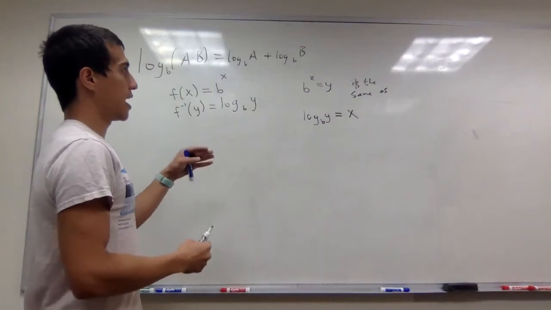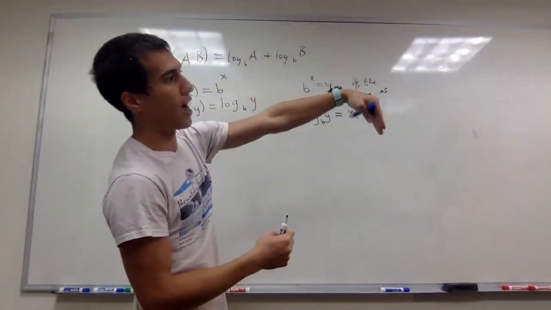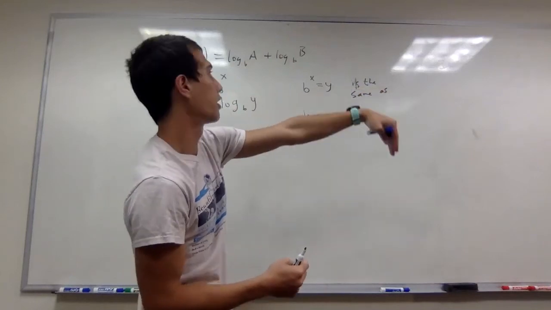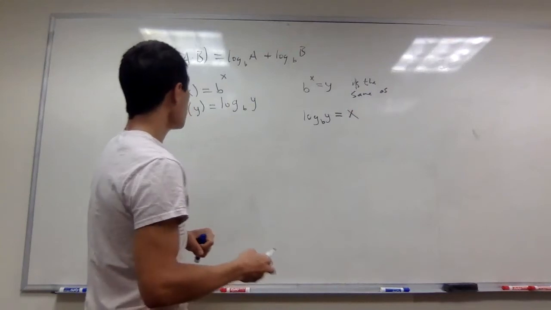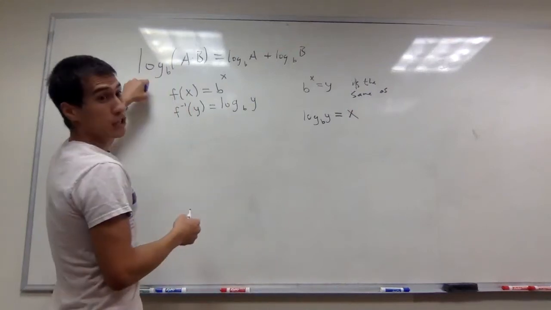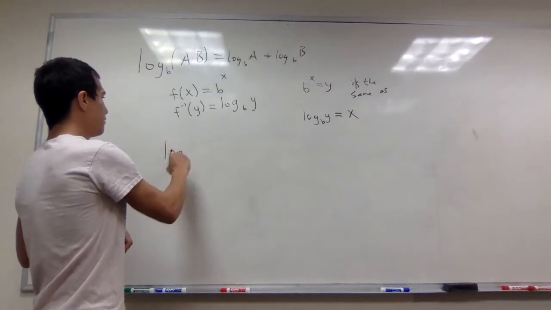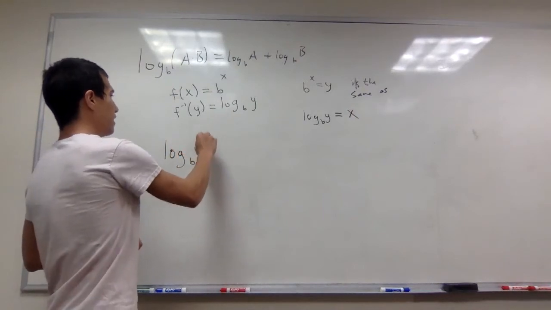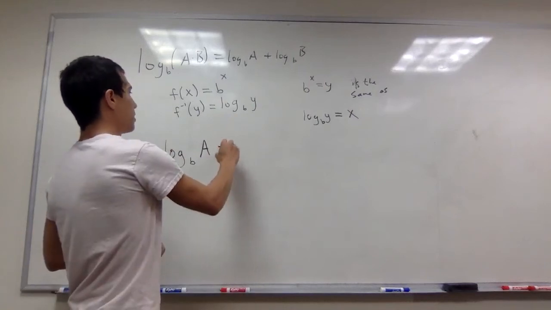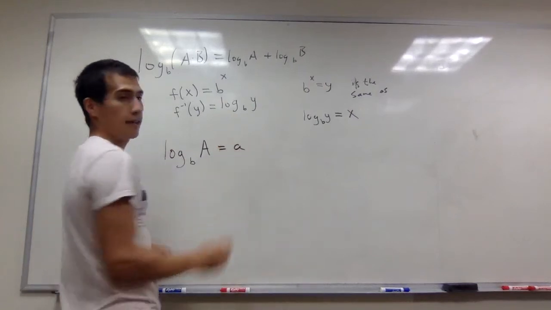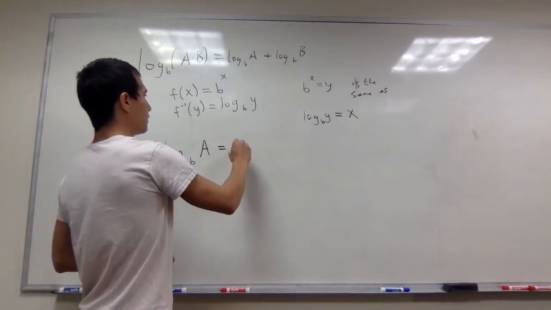So this is saying that if I take my b to the x machine and plug in x, I'll get y. If I take the opposite process, I plug in y, I'll get x back. And so now we can try to derive this property, right? So if I have log base b of a, this is going to be some number, which I'll call little w.